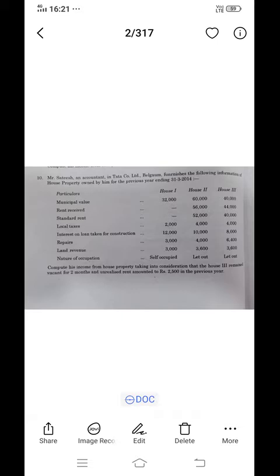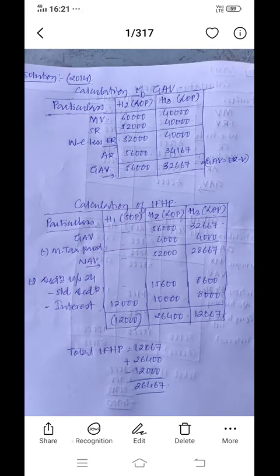So interest on loan is nothing but previous year interest. I am repeating again, this interest on loan is nothing but previous year interest. So 12,000, 10,000 and 8,000, which is previous year interest.